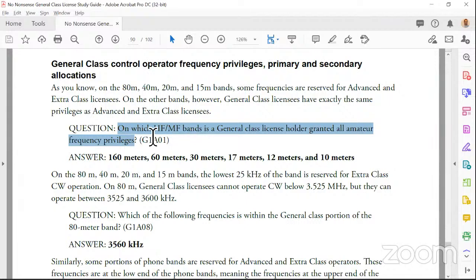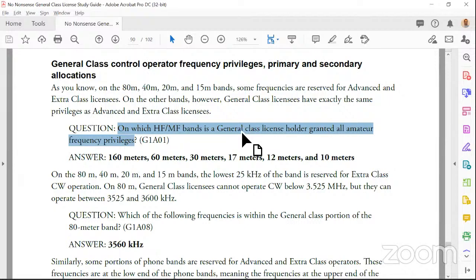So which HF or MF bands does a general class licensee, and that's the level that we are studying, general class exams, when you pass the test, you are granted all frequency privileges. What they're asking you there, for the band, you have the entire use of the band. You're not restricted as a general class.